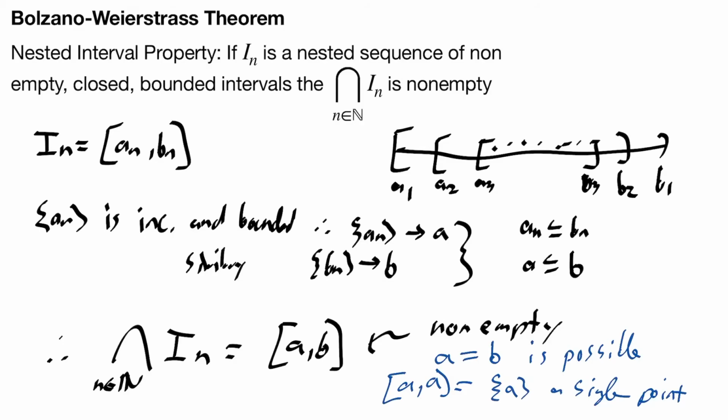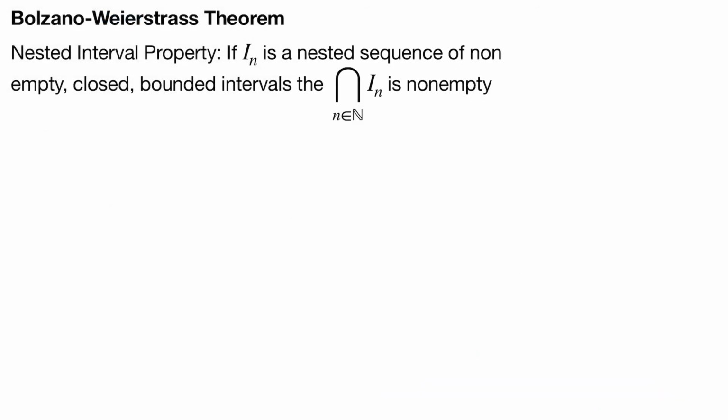I want to make a few observations before I move on and show how this proves the Bolzano-Weierstrass theorem. So my first observation is that this idea of being closed matters. Our sequences must be closed. Why is that?